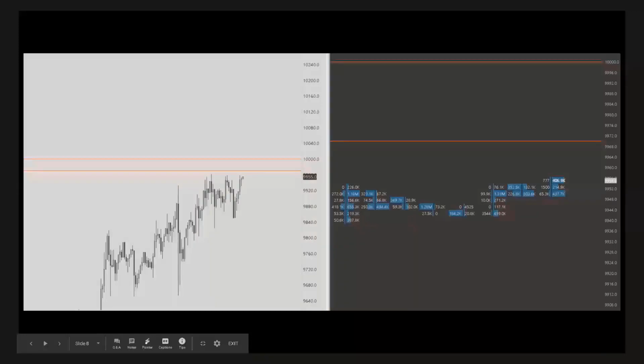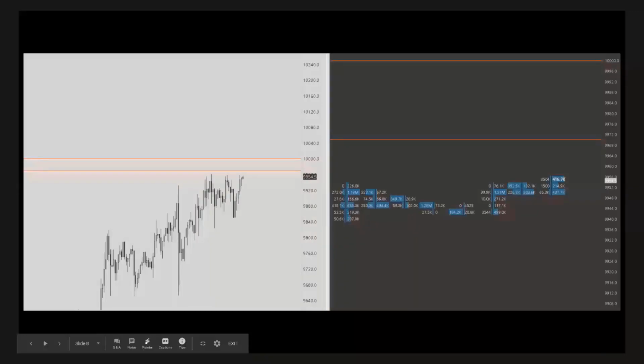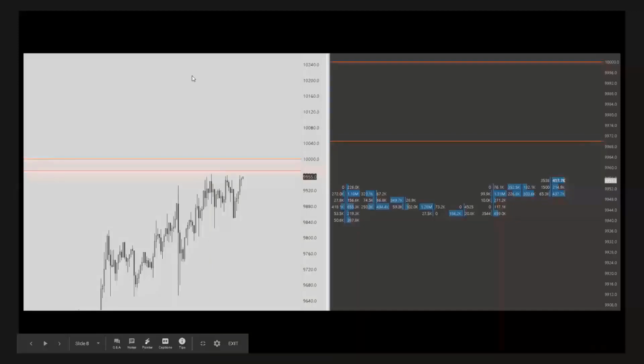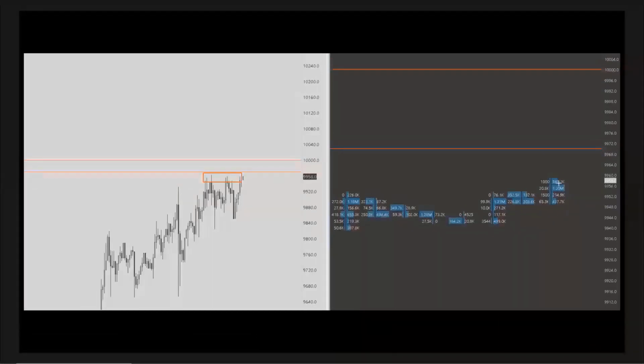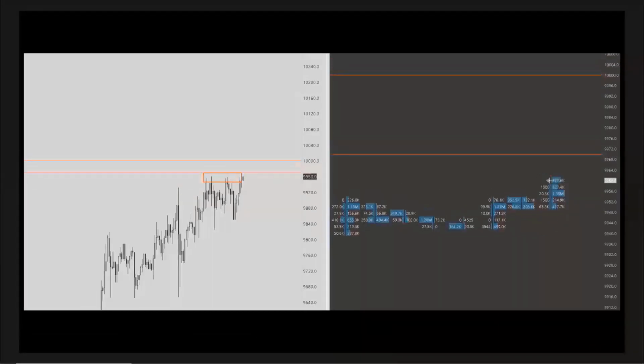So note when the imbalance begins, it's actually on a break of these local highs. Okay, what you get is a quick flurry of buying. See that?